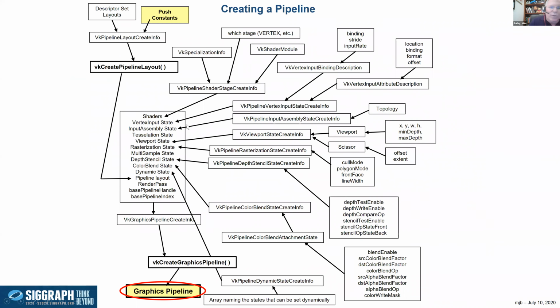So where does it show up? Well, it ends up as part of the graphics pipeline, becoming part of the pipeline layout. And like descriptor sets, the push constants can have different sizes. And so the size of the pipeline layout changes depending on the size of the push constants you want to use.